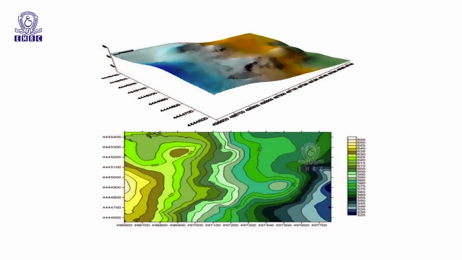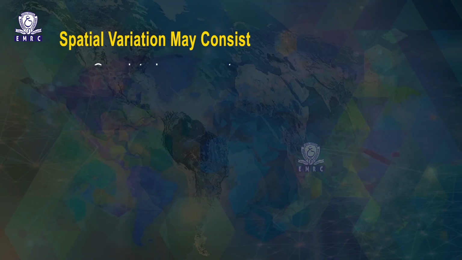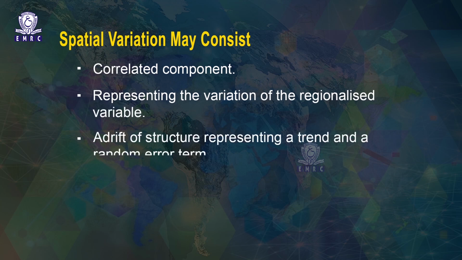Kriging assumes that the spatial variation of an attribute, such as changes in the grade within an ore body, is neither totally random nor deterministic. Instead, the spatial variation may consist of three components: a spatially correlated component representing the variation of the regionalized variable, a drift or structure representing a trend, and a random error term.